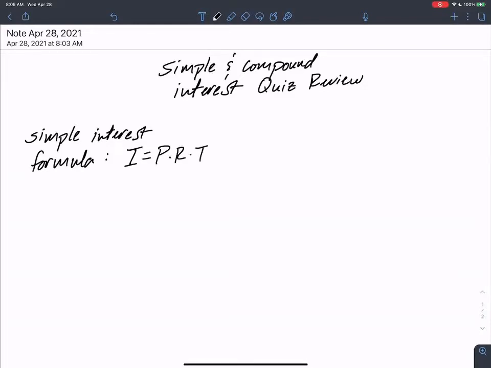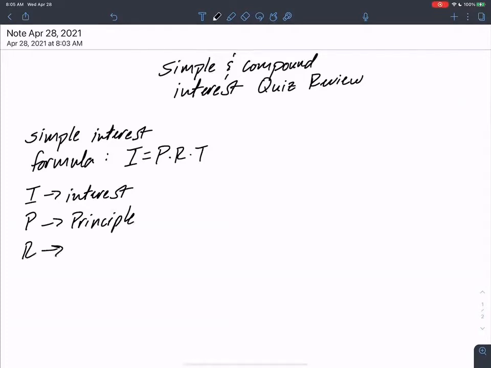And make sure you're able to identify all of those components. So I is interest, P is principal, R is rate, T is time.